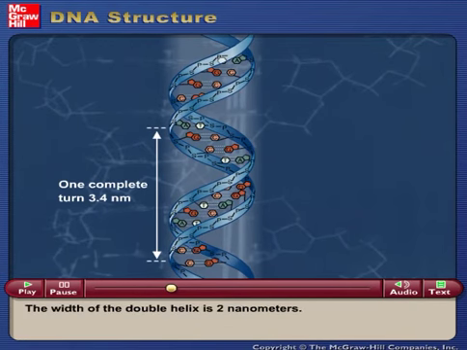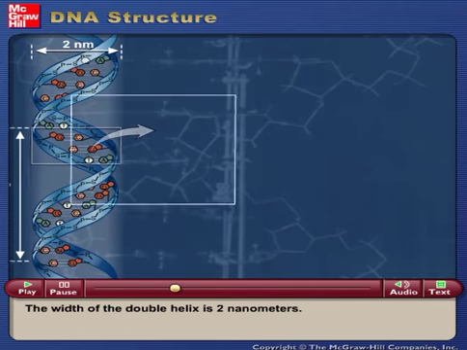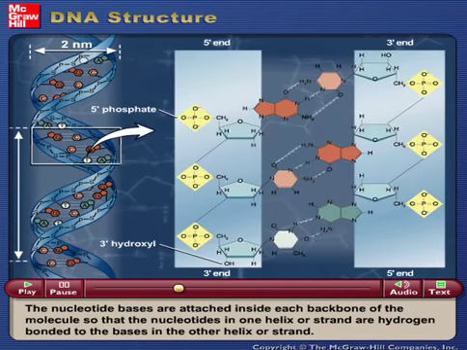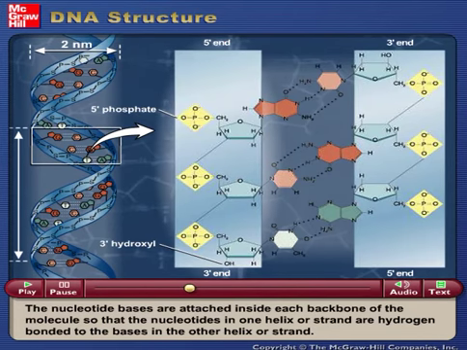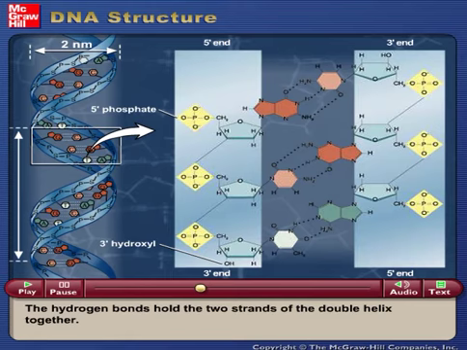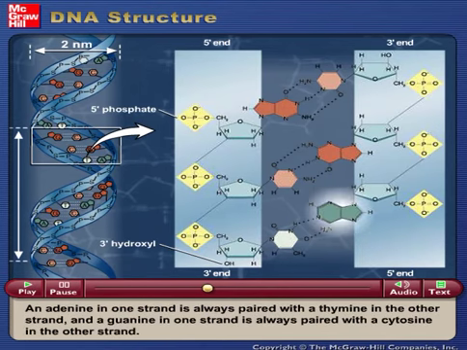The width of the double helix is 2 nanometers. The nucleotide bases are attached inside each backbone of the molecule so that the nucleotides in one helix or strand are hydrogen bonded to the bases in the other helix or strand. The hydrogen bonds hold the two strands of the double helix together. An adenine in one strand is always paired with a thymine in the other strand, and a guanine in one strand is always paired with a cytosine in the other strand.